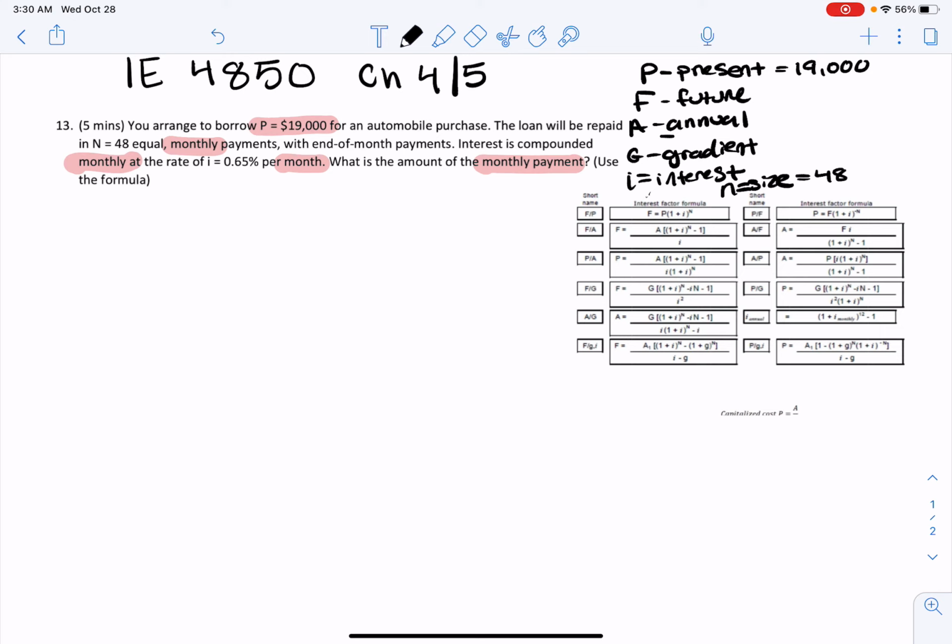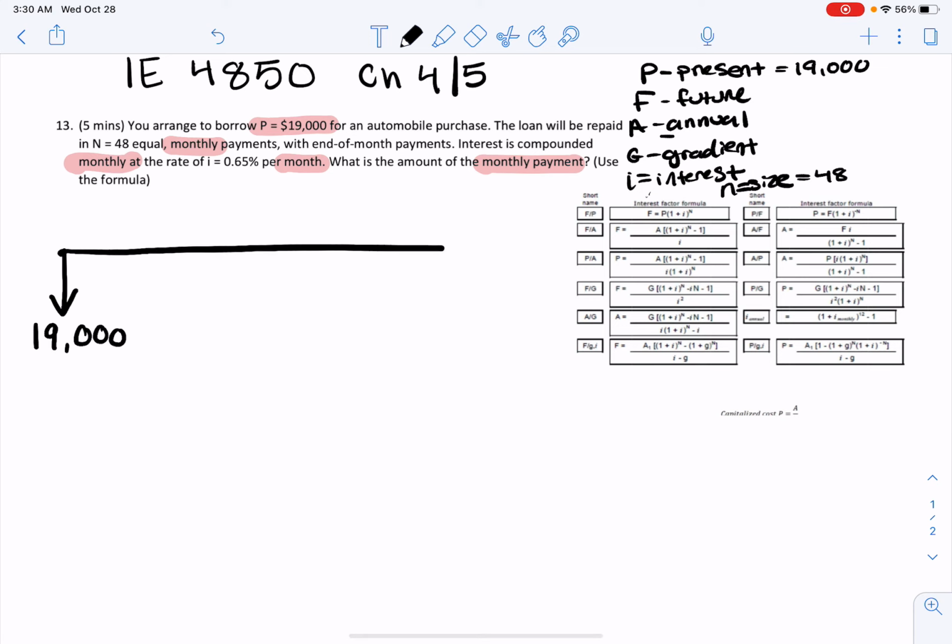So we've got our present value, and if I'm borrowing 19,000, it is a downward arrow because it's negative, but in our case, cost is just going to be positive because we're spending it. So we've got that, and we know that this is going to go on for 48 months because it's asking what is the amount of the monthly payment.